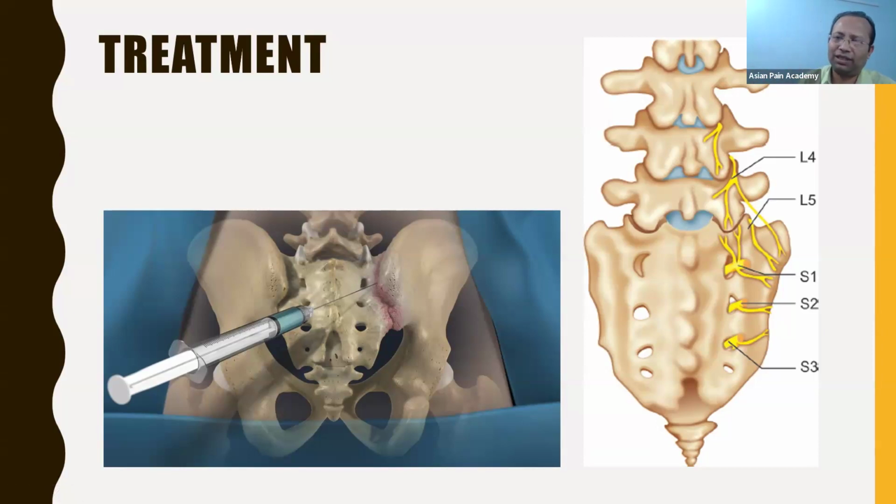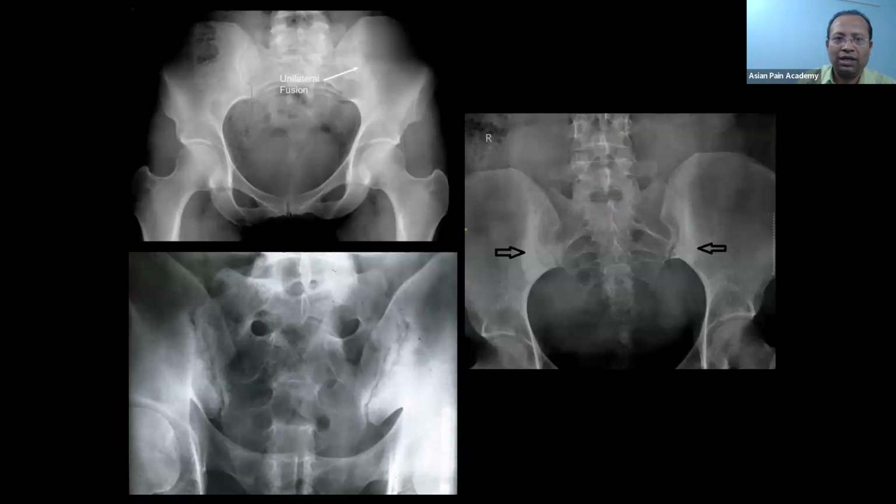If there is no inflammation as such, but still there is so much destruction of the joint that whenever the patient moves, there is pain, then in those cases we will cut the nerve supply. In this course, of course, we will talk about the intra-articular steroid injection. Intra-articular intervention is the most used intervention and most successful also.